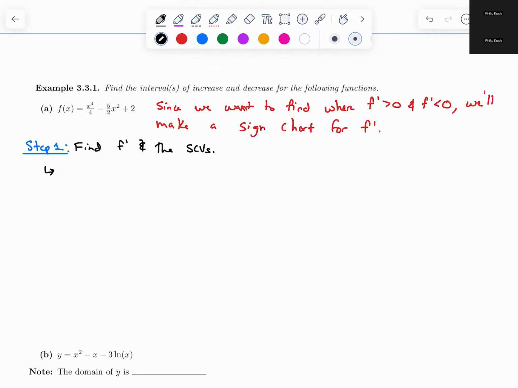So in this case, f prime of x will equal x cubed minus 5x. Okay. And so we'll set that function equal to 0 or DNE. And I'm going to factor out an x right from the get-go.